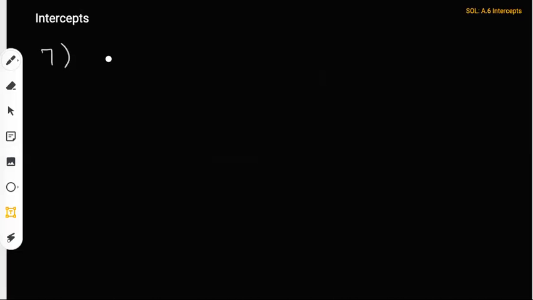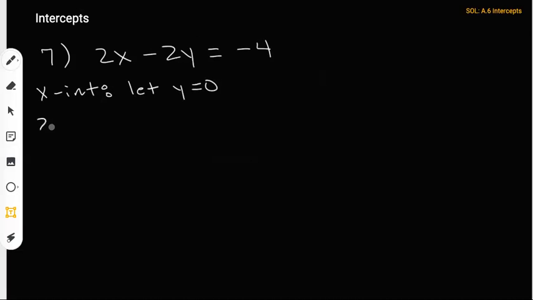All right. For 7, I have 2x minus 2y equals -4. For the x-intercept, as usual, I'm going to let y equal 0. So I get 2x minus 2 times 0 is equal to -4.